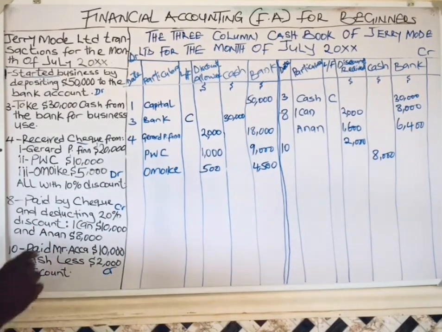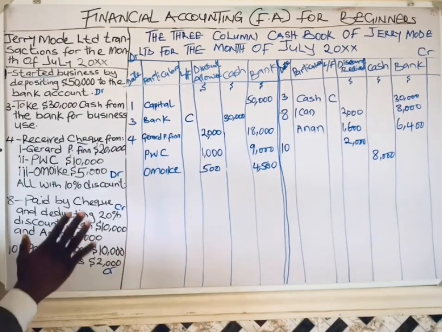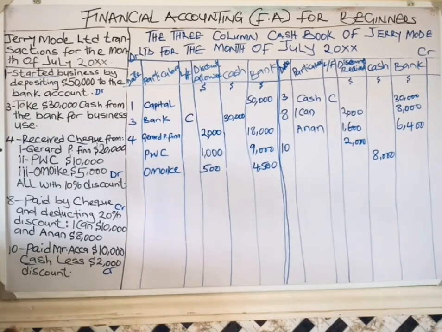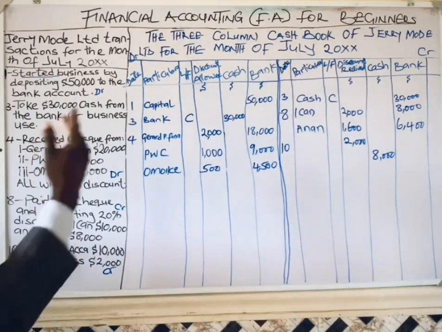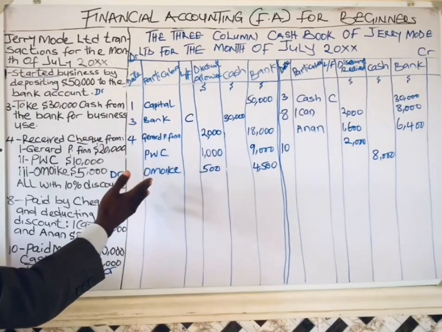Now, you must balance your cash book for you to know the amount that will be left with you to continue your usual transaction in the next coming month, which is August 20XX, because this is July 20XX.